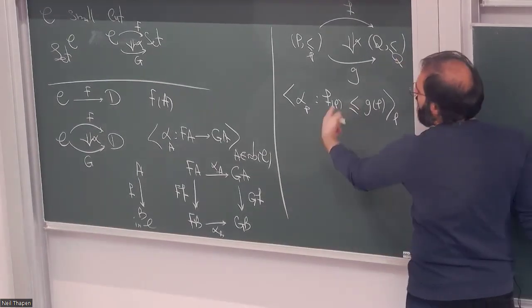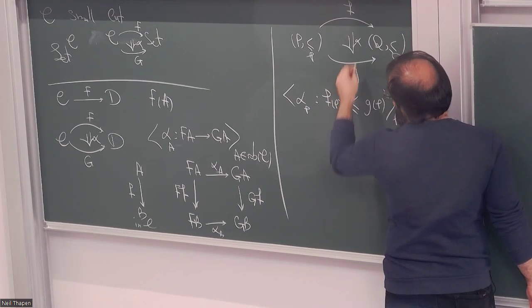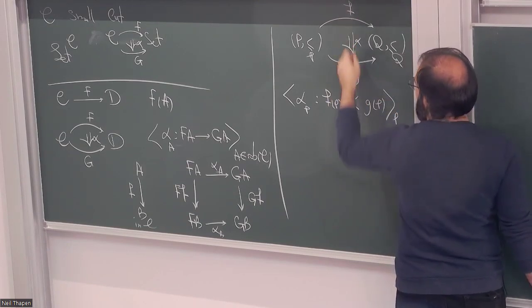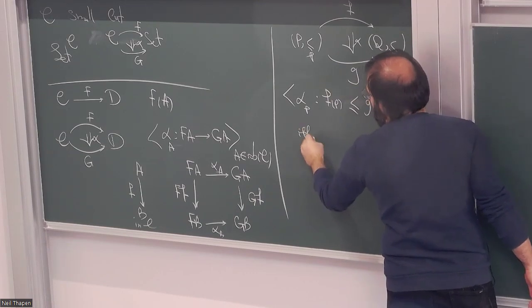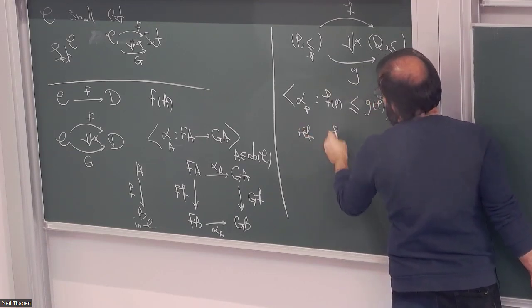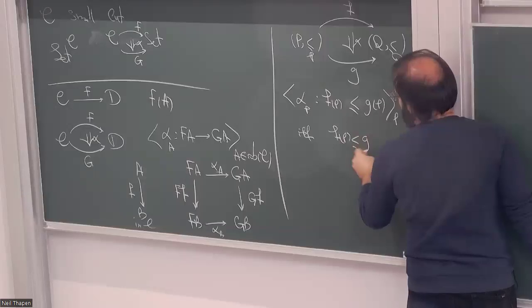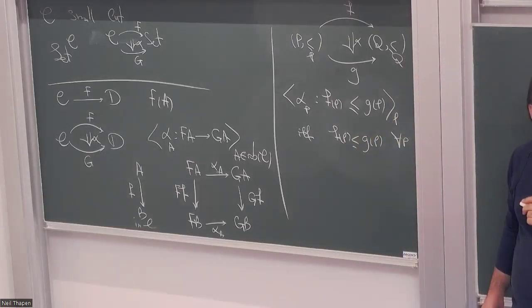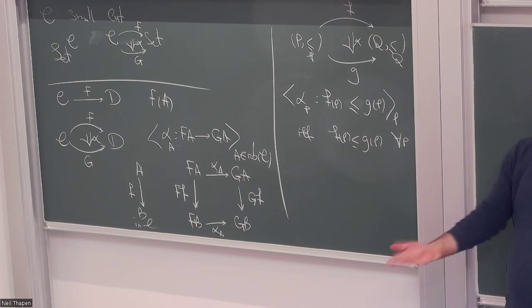So if there is some alpha, that alpha must be just those unique morphisms. In other words, there is one unique natural transformation here if and only if f of p is less than g of p for any p. That's the condition for a transformation to exist. And the transformation is unique because I have just one choice.